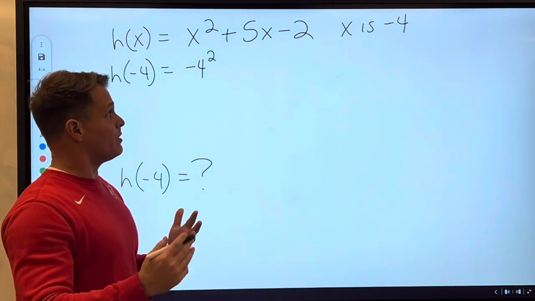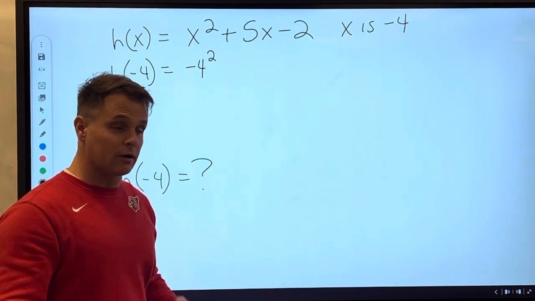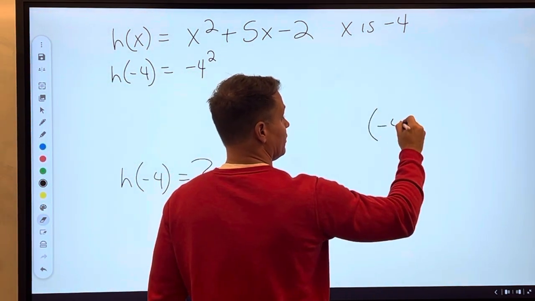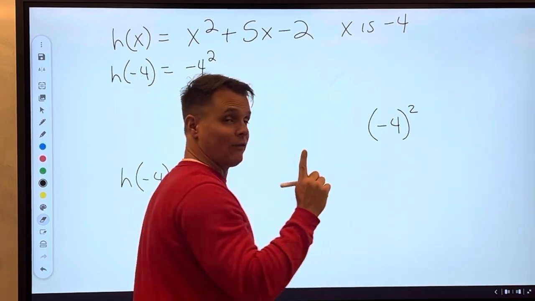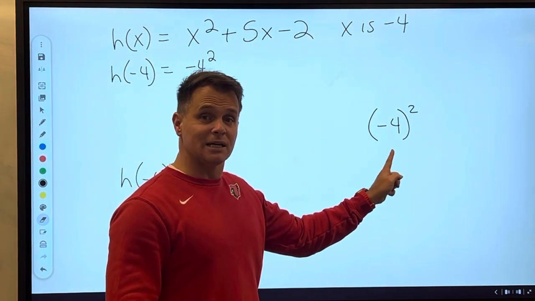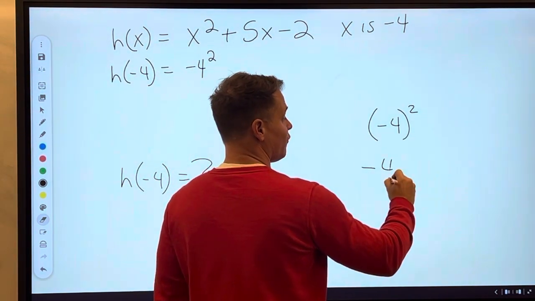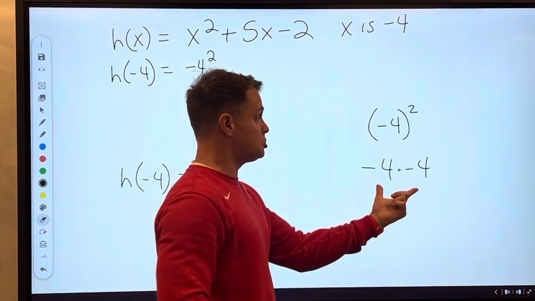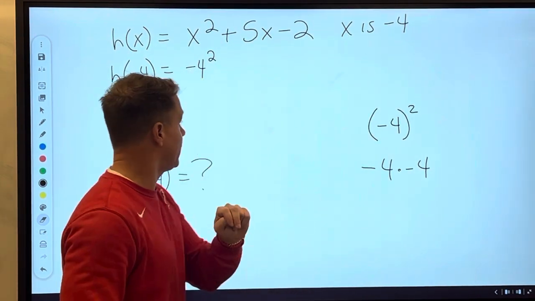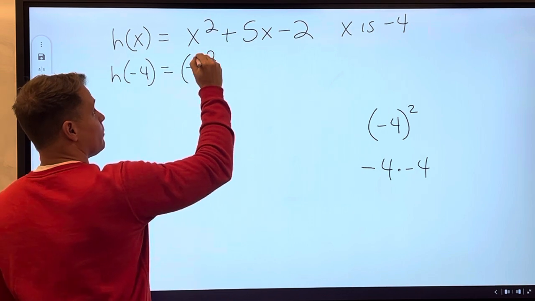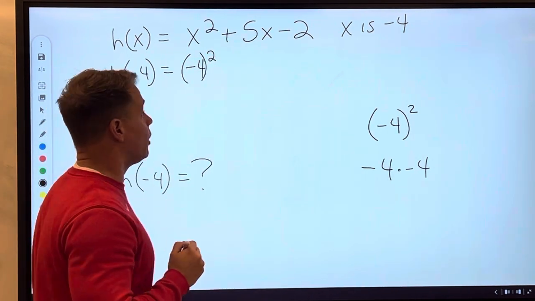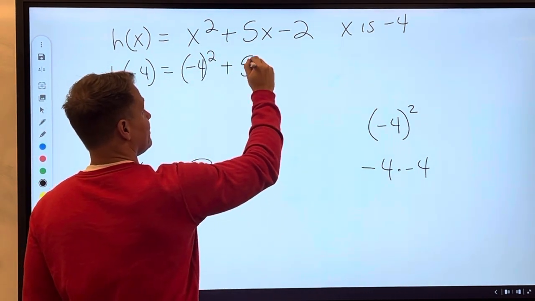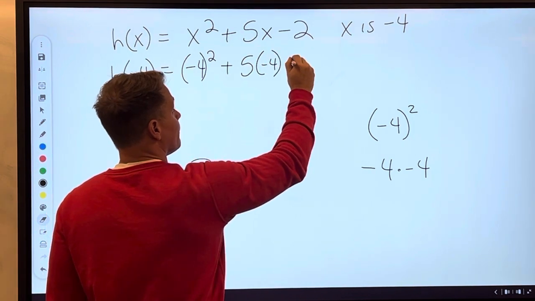Well, we're not looking for negative 4 squared. We're looking for negative 4 squared in parentheses like this. The difference is there's negative 4 times negative 4. There's 2 negative 4s. So we've got to make sure that we put this in parentheses, and we're going to put it in our calculator, plus 5 times negative 4 minus 2.